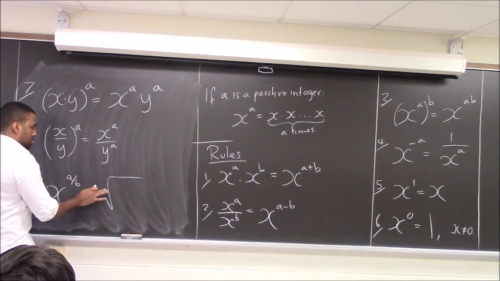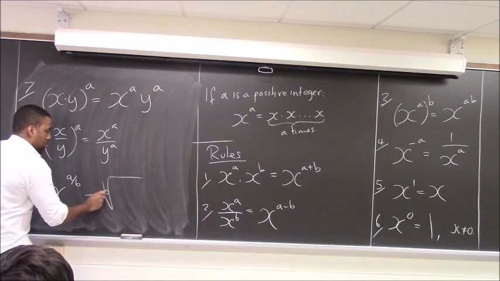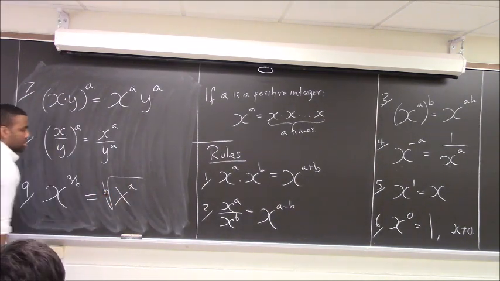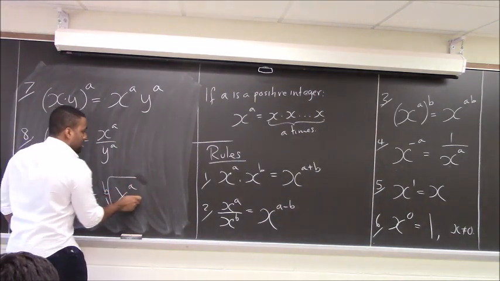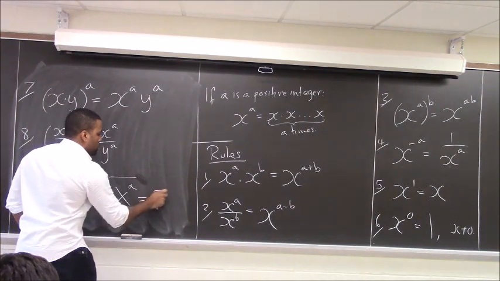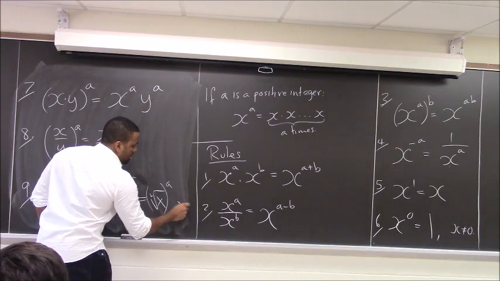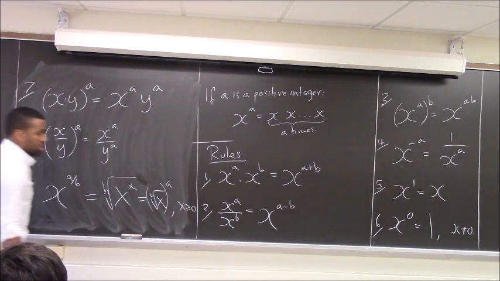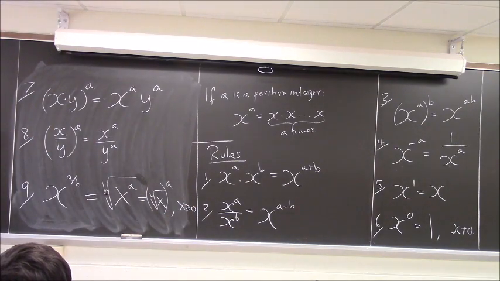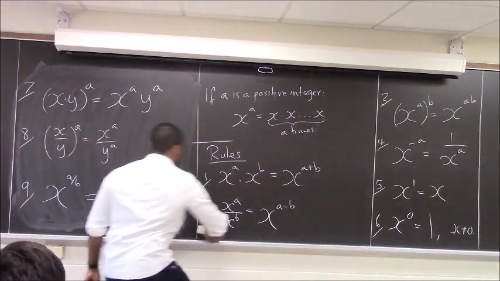It's the b root of x to the power of a. I got it mixed up, sorry. That's it. And it's equal to, you can take the root first and then raise that to the power. If your x is positive, well, not negative, you can do it in whichever order you want.